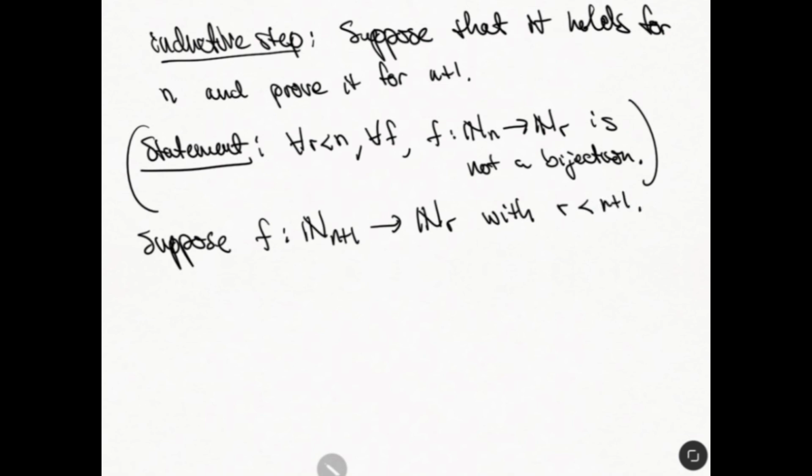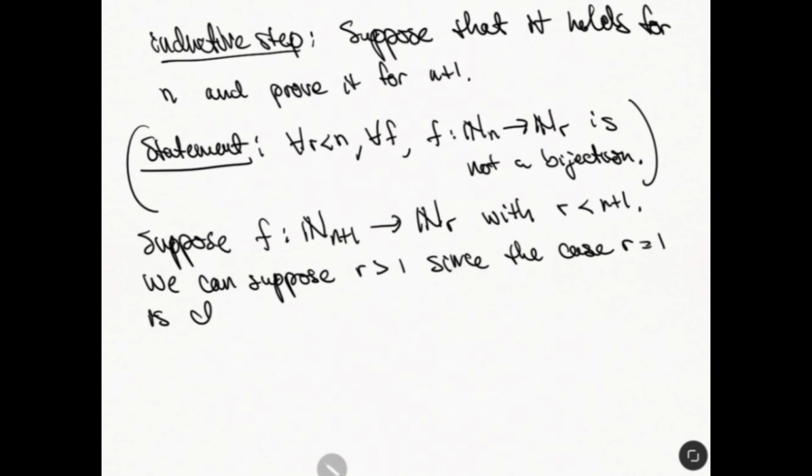Okay, and we can suppose that r is bigger than or equal to 2, or bigger than 1, since the case r equal to 1 is clear. Let me just say what that means: when r is equal to 1, we'll have a map to a single point. And a map to a single point can never be an injection, since there's many points here and they all have to have the same image. Okay, so we can check that one.